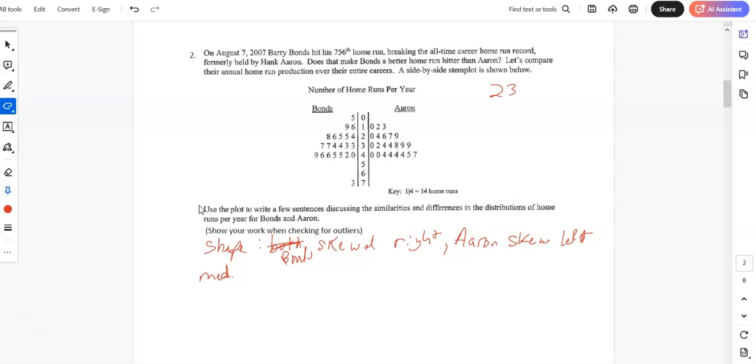So if that's true, then the 12th term would be in the middle, right? So 1, 2, 3, 4, 5, 6, 7, 8, 9, 10, 11, 12. So I think 34. So for Aaron, the median was equal to 34 home runs.